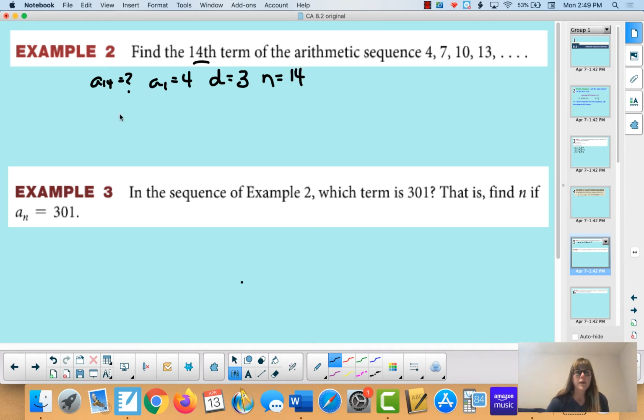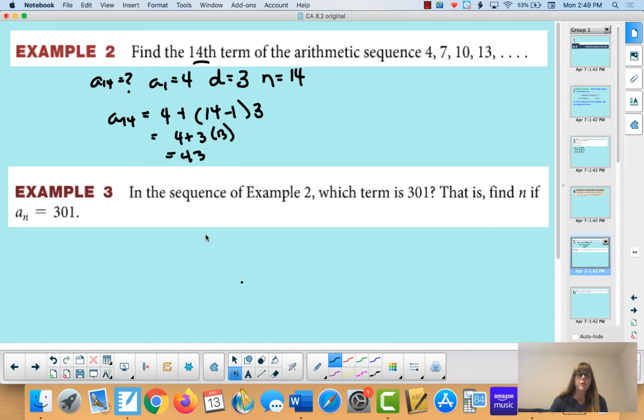So our formula is a sub n, so the 14th term is a sub 1 plus n minus 1 times d. So that's 4 plus 3 times 13. That's 39 plus 4 is 43.